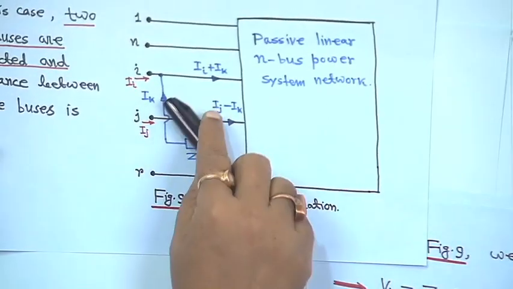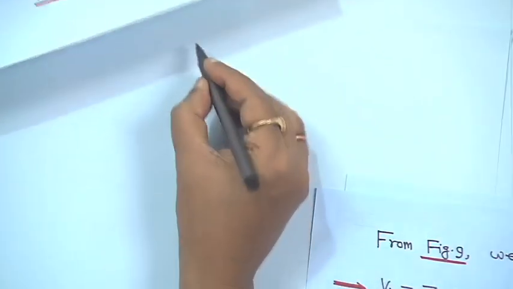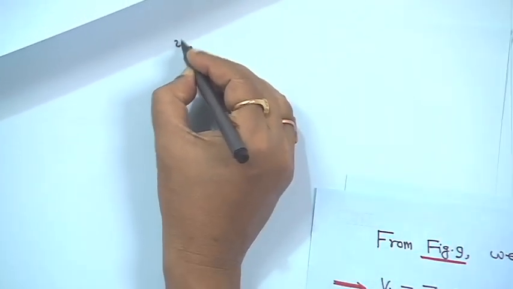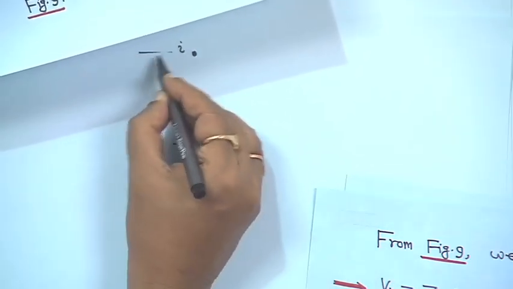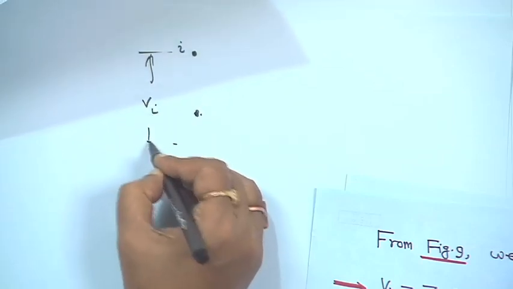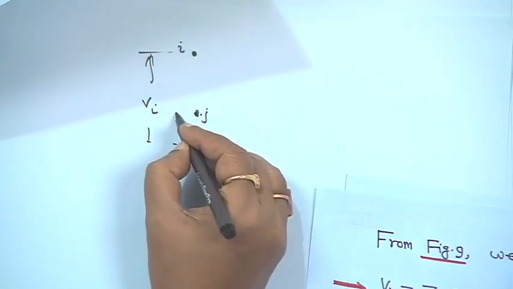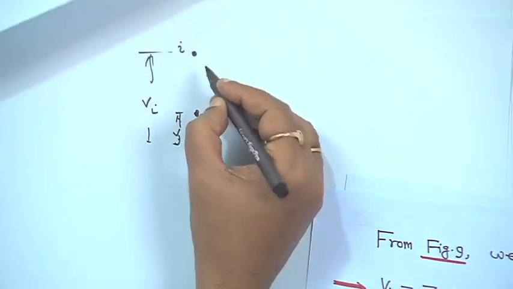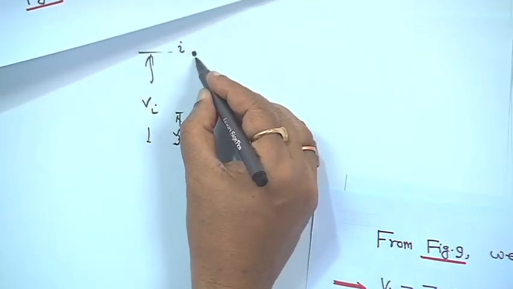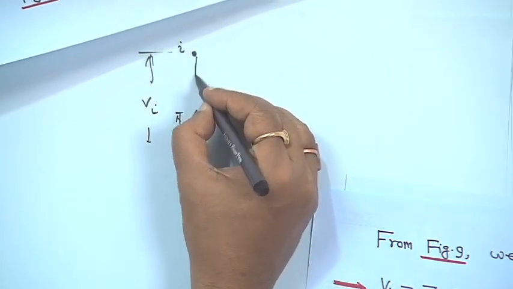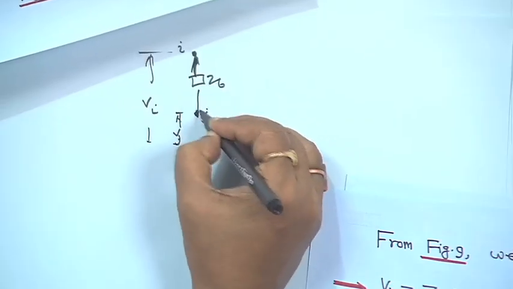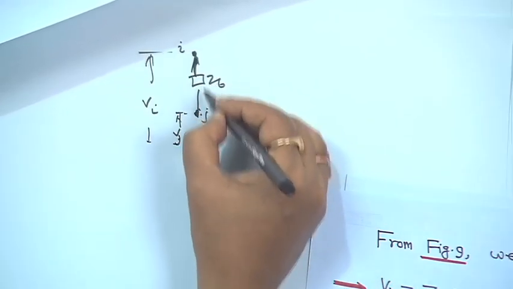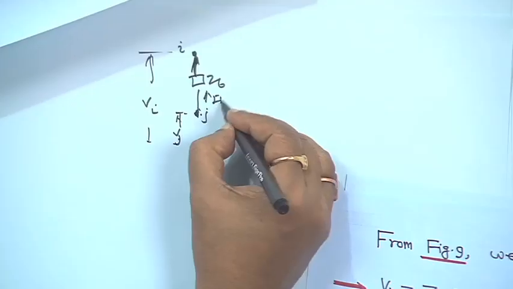This is your Vi, Vj and disconnected. So, this is your bus i and this is your bus j, and this is your reference voltage Vi and this is your bus j, this is your reference voltage Vj, and this is connected by impedance Zb, and the direction of the current is taken as Ik.